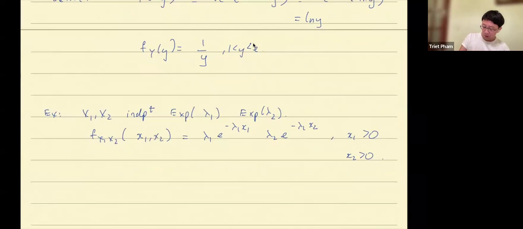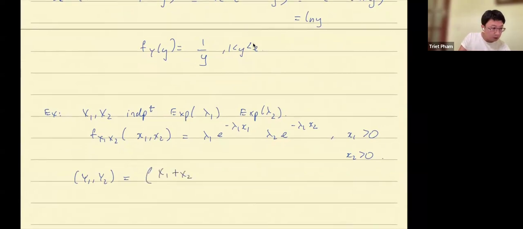And we want to find the joint density, right?